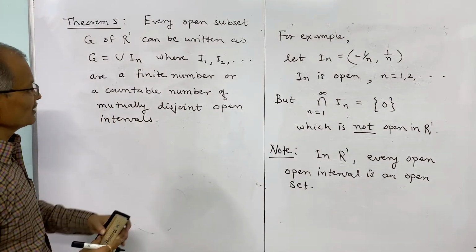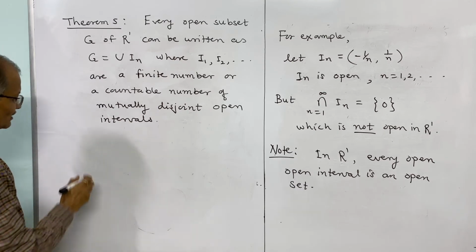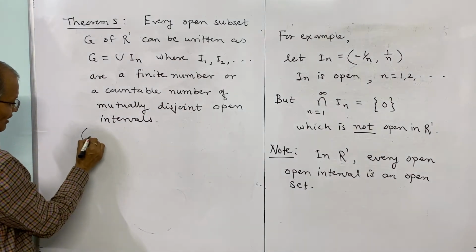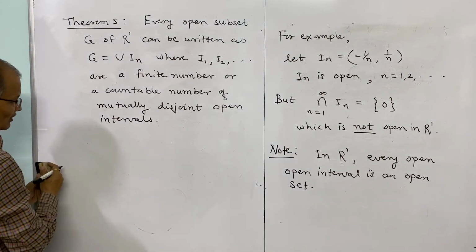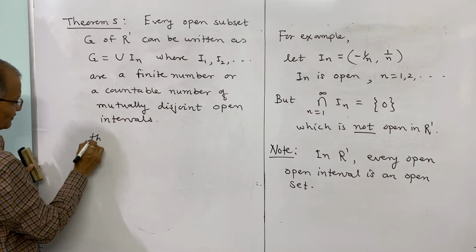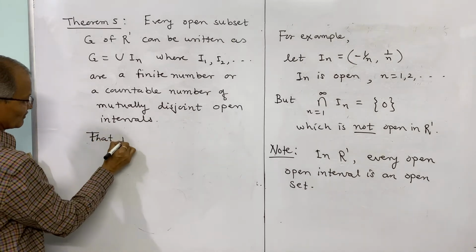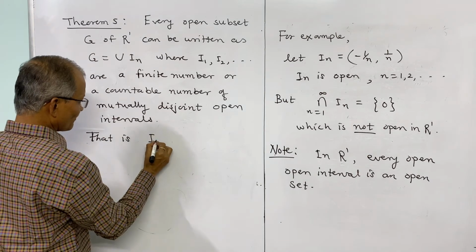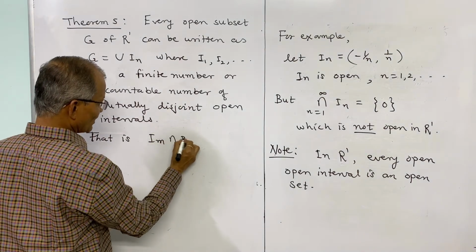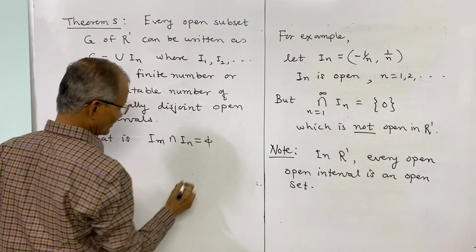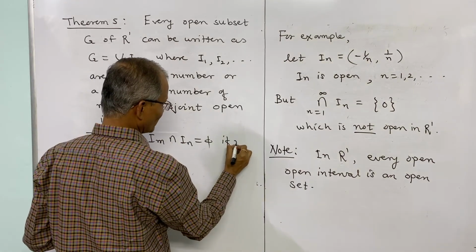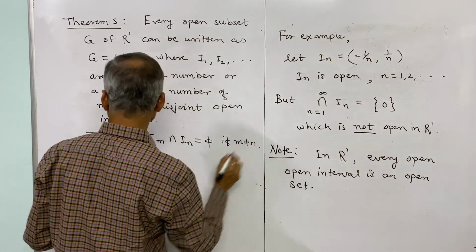Mutually disjoint means that Im intersection In is empty if m is not equal to n.